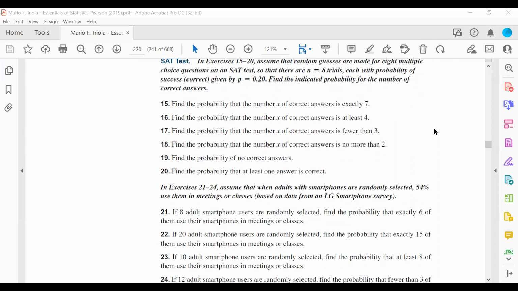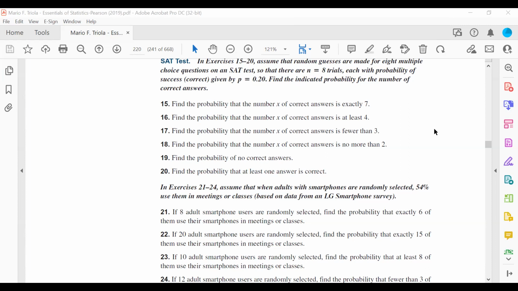So I already know for number 15 my N is 8. My P value is 0.20. And I think number 15 is going to give us the X. It says find the probability that the number X of correct answers is exactly 7.